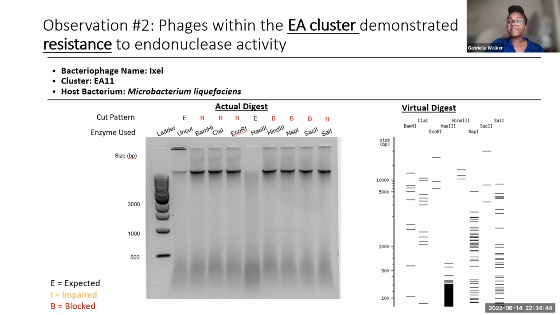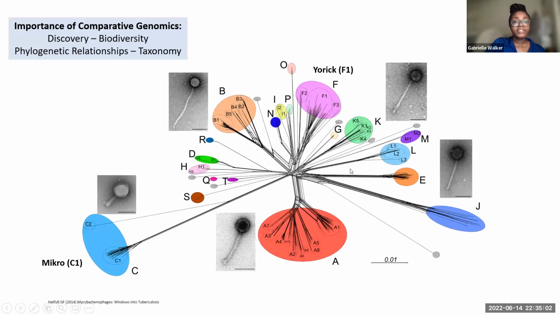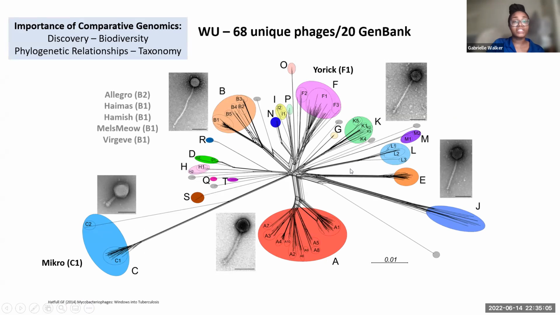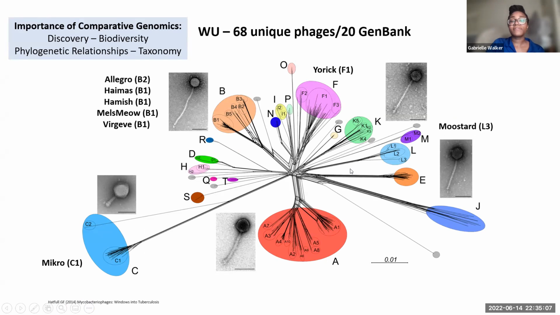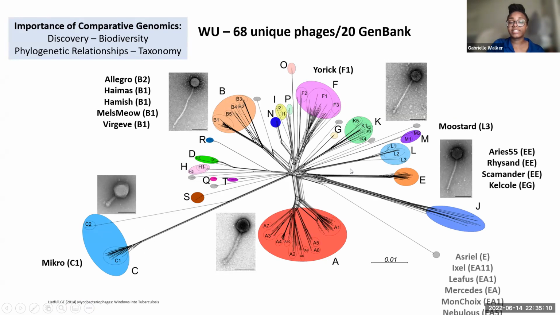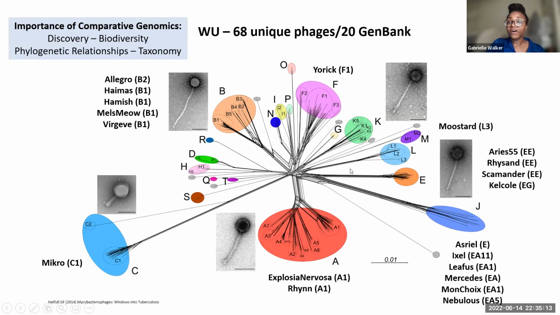Seeing that these phages within the EA cluster have similar blockages to their enzymes, this should suggest to us that phages within the same clusters may have similar or the exact same modifications, at least for the enzymes that we used. To further support this, this is a phylogeny tree from Winthrop's phages collected over the past 6 years. This helps prove our idea that phages within the same clusters are closely related, thus meaning that they may have similar modifications within their genome.